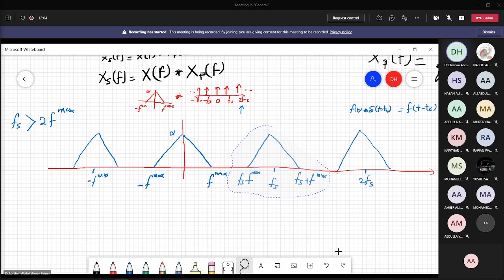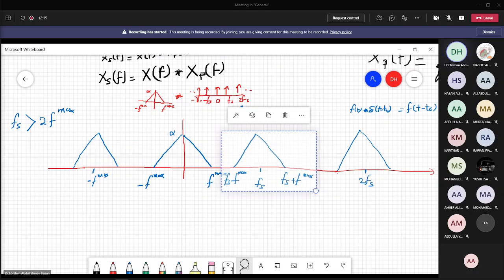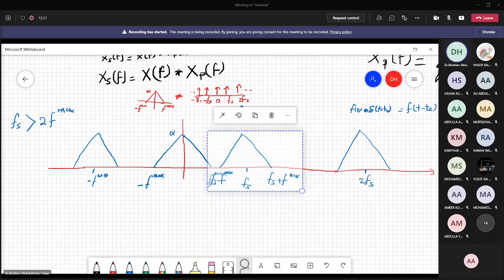Then this one will be here. It depends on the value of Fs. Okay, if you reduce it, then you will get here. If you reduce it, then you will get here. If you reduce it, then there is a possibility to get touch. So this is the case here.